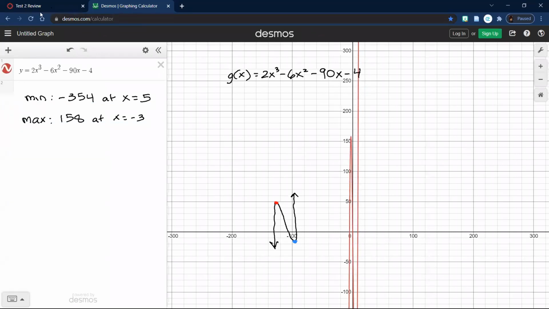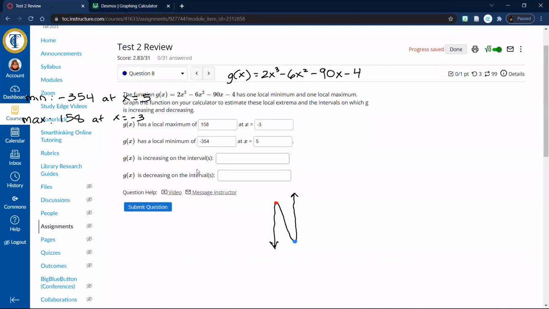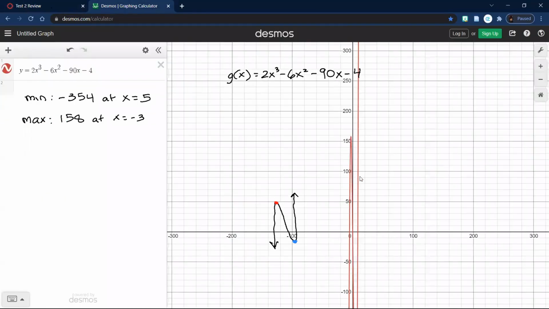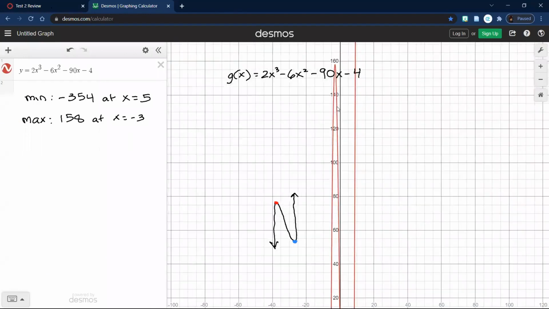Now, the next thing this asked for was increasing and decreasing intervals. What plays a role here is our minimum and maximum. As I said before, our graph looks like this little N, right? It starts at the bottom, works its way up, goes down, works its way up. So where is it increasing? Where is it going up on the graph?